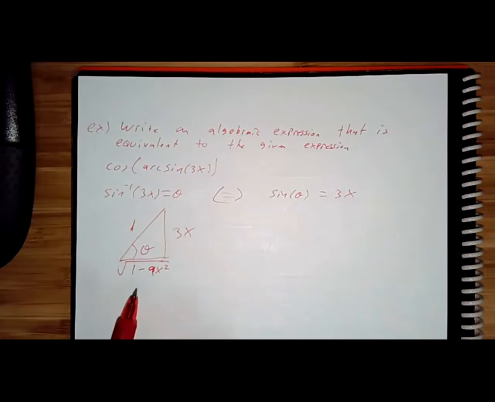Would you like to do that together, or do you remember the Pythagorean theorem? A squared plus b squared equals c squared. We're just solving for b squared, and you square root it and you get this.